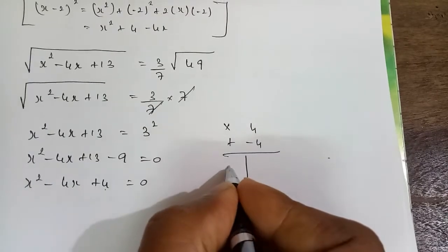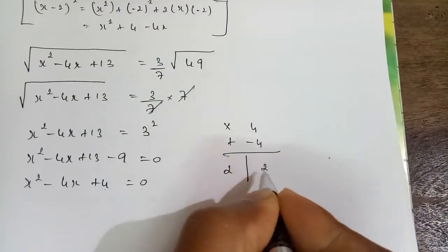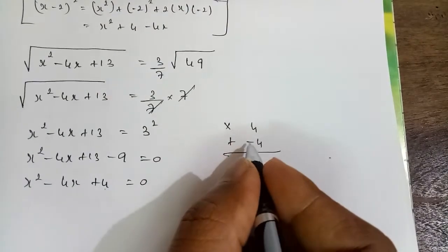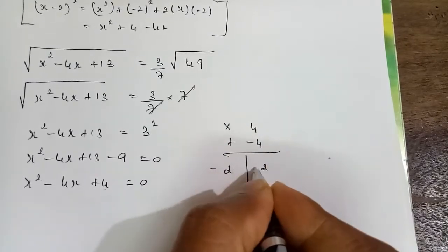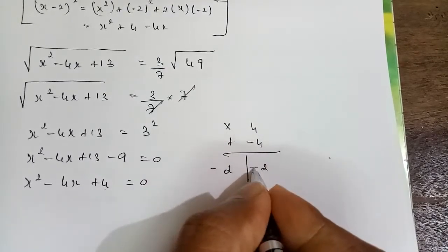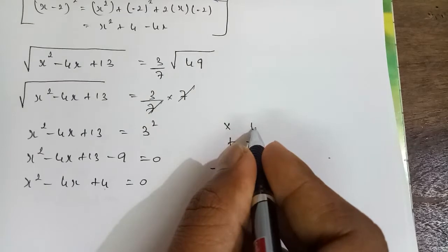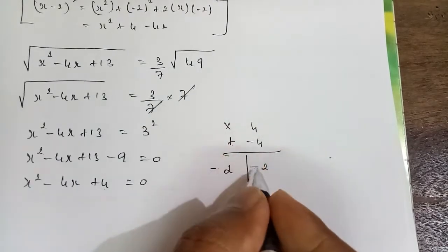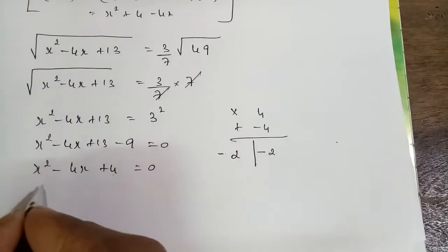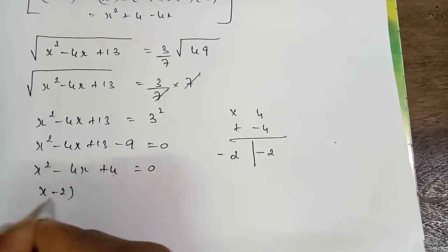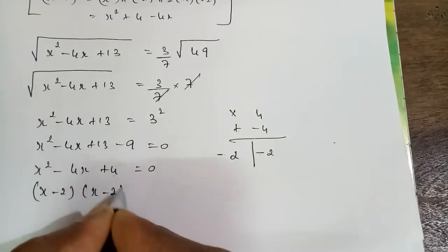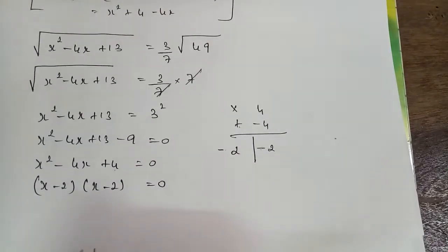So we write 2 into 2. 2 twos are 4. Here we have minus, so we write minus into minus, which is plus. 2 twos are 4. Minus 2 plus minus 2 is minus 4. So directly we can write (x minus 2) into (x minus 2) equal to 0.